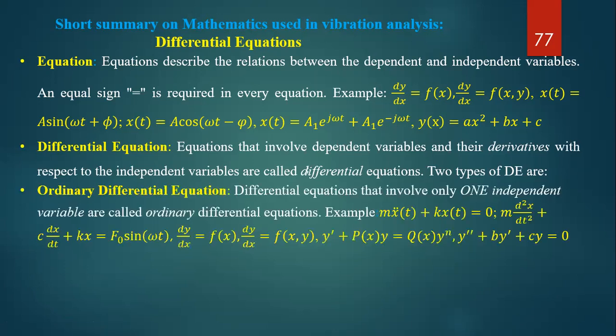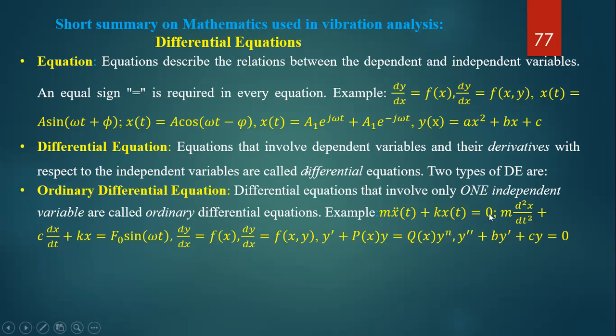An ordinary differential equation is an equation that involves only one independent variable. For example, m x double dot of t plus k x of t equals 0. Here x is one of the variables which we are going to determine.